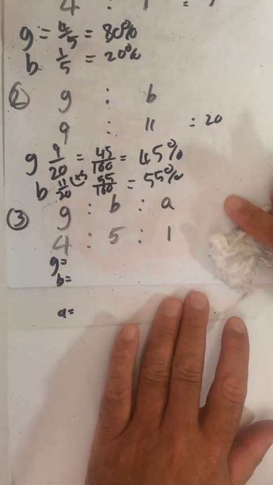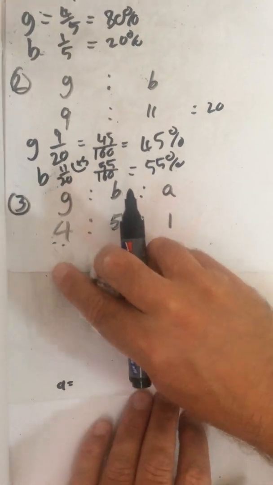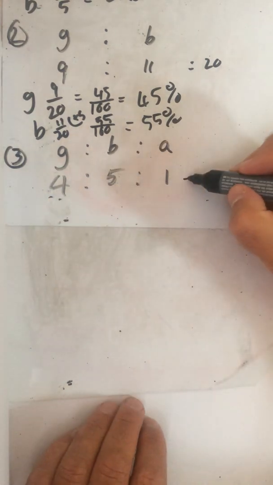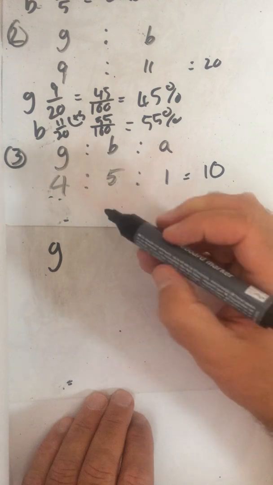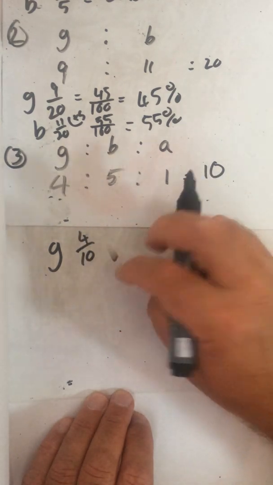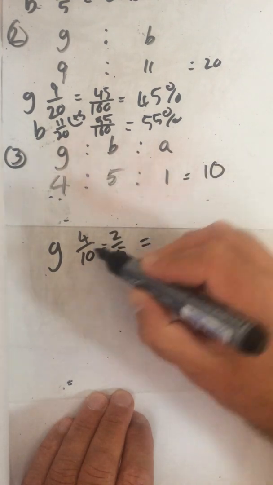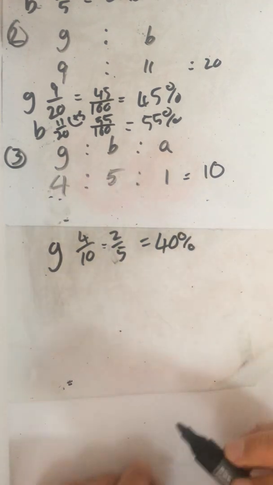Let's have a look at the last one. So here again I'm going to add them up. They come to 10. So the girls, that's 4 out of 10. Simplify that to its lowest form first of all, equals 2/5, and I know 4/10 is 40%, so I've done the lowest form and the percentage.